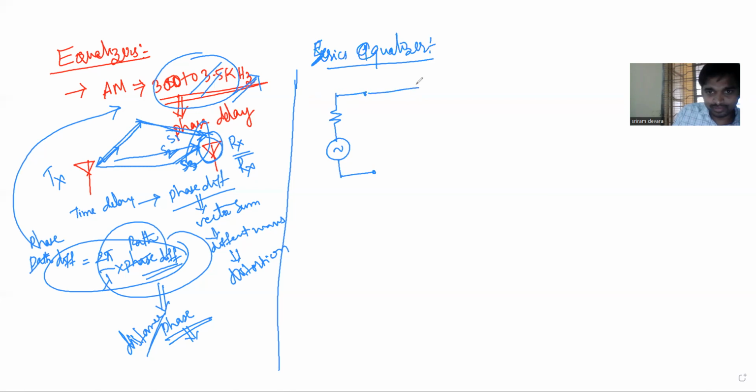This is the 2X1, the equalizer term, connected and terminated with a load resistance R naught. The input impedance is also R naught, this one is Vs, the source voltage, and this is the current I.